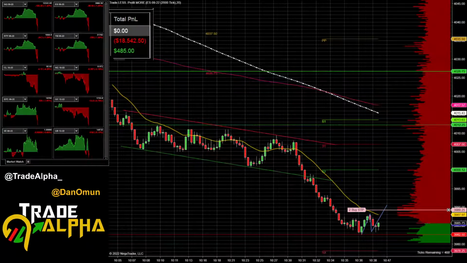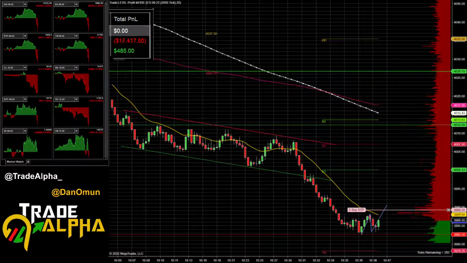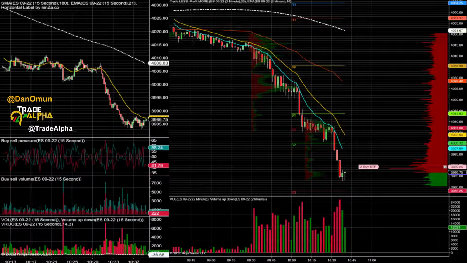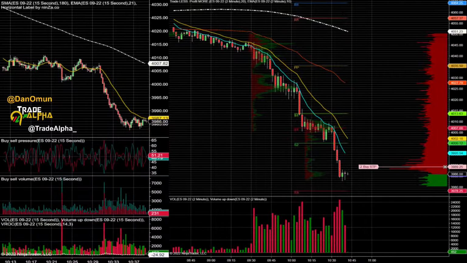Well, as you guys can see here on the 2-minute chart, what it's going to look like is either a nice green candle, then an inside bar, so an inside red candle or doji, and then we're hoping for another strong green candle opening at or near the high of the previous candle.